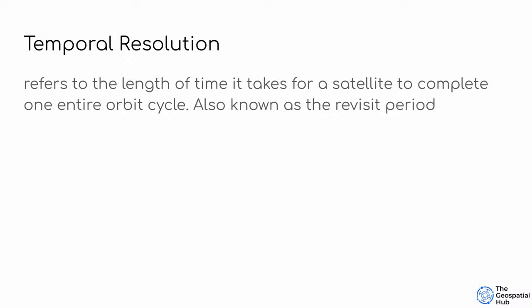For Landsat, Landsat 8 and 7, it is 14 days. And there are some satellites with high temporal resolution that visit the same spots every other day. So that is what we have for temporal resolution.